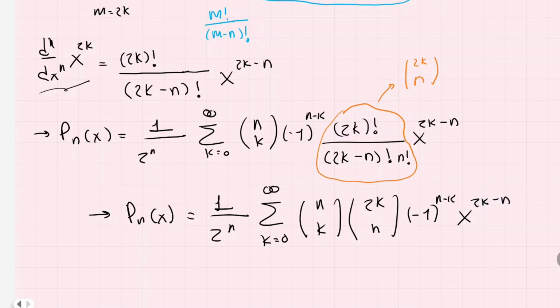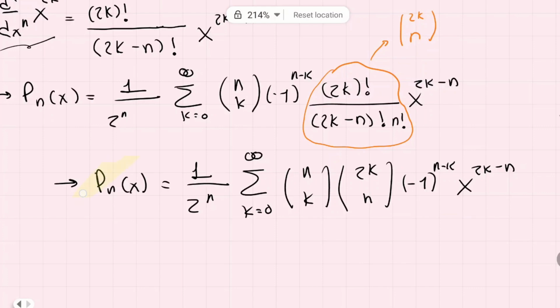Okay, so finally this is going to be a series expansion for Legendre polynomials. This will be the first important result of the video. Like another way to define Legendre polynomials.